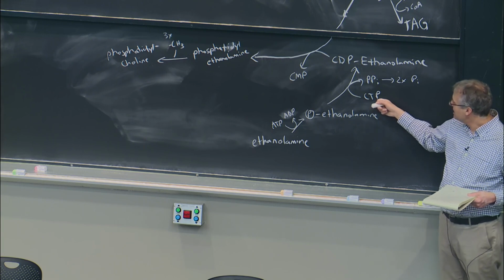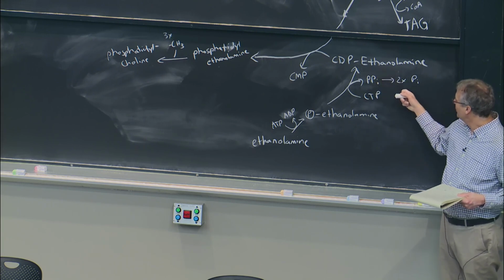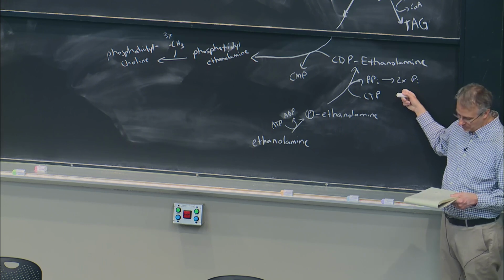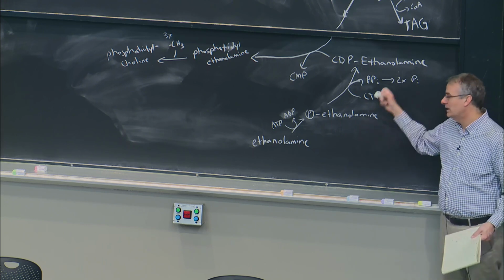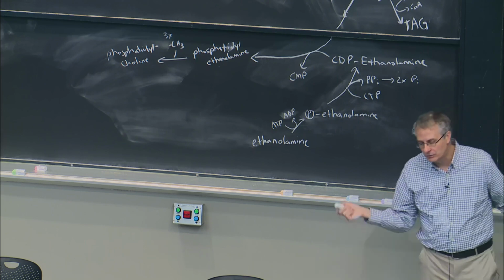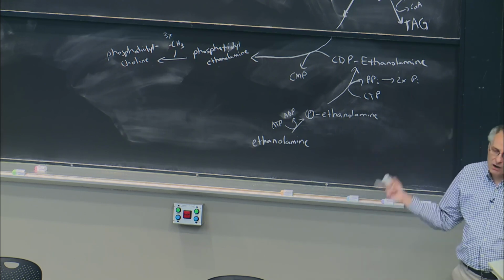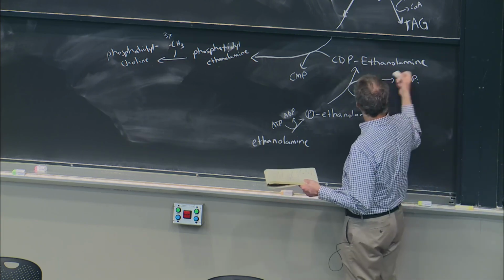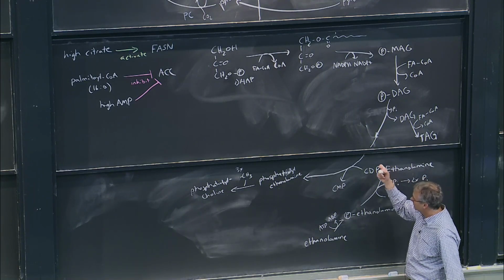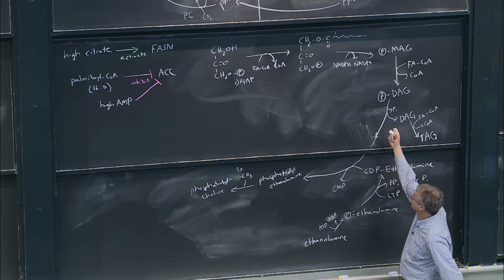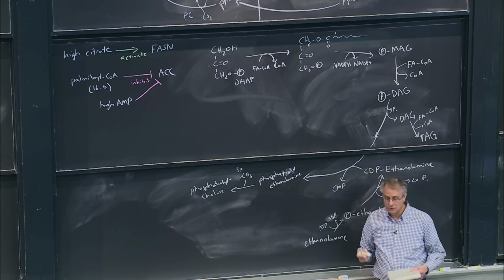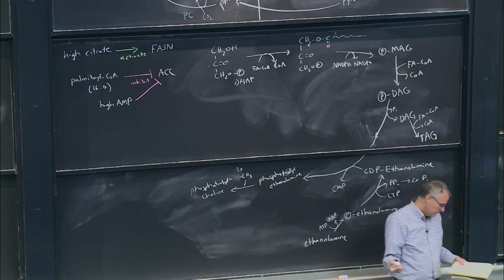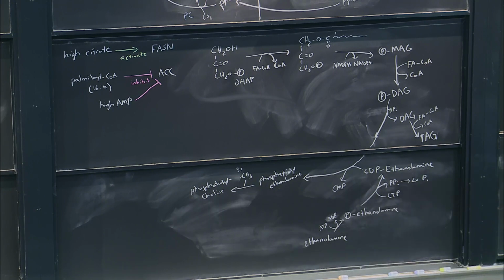You end up getting a CDP ethanolamine with two pyrophosphate coming off via a series of reactions that, if you look back in your notes, will look identical to how we made UDP glucose in making glycogen. And then the CDP ethanolamine transfers the phosphoethanolamine onto the diacylglyceride to give you the phosphatidyl ethanolamine. Why do I mention this? Just because I want you to have a flavor of how phospholipids are made.